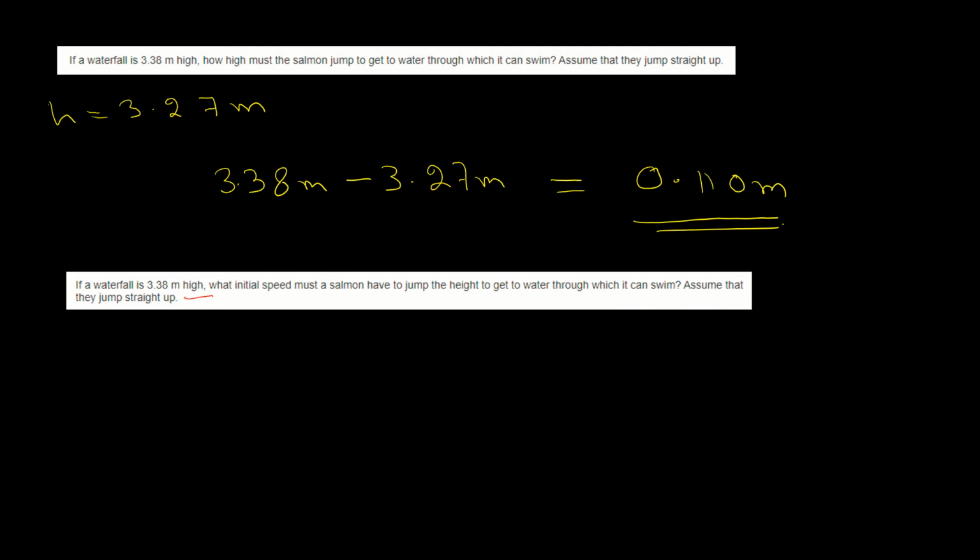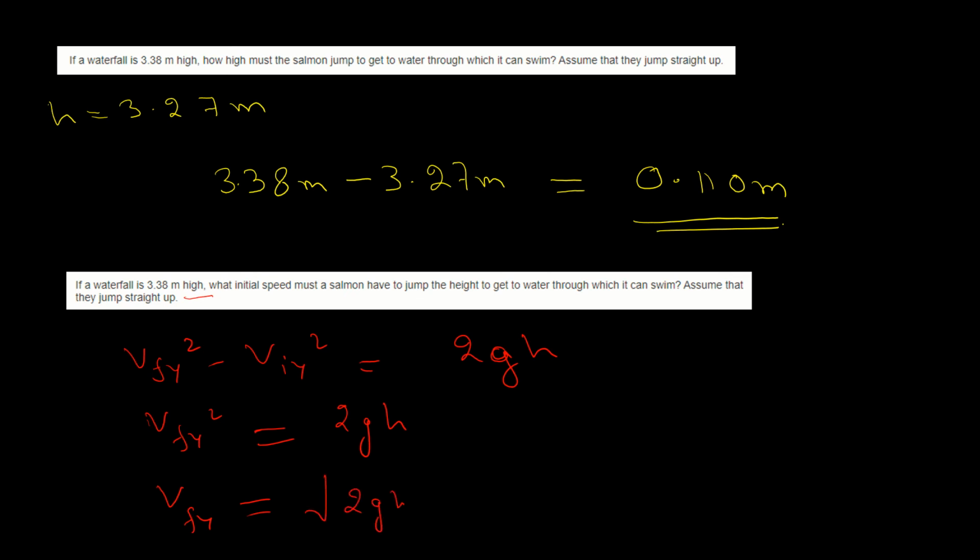So now again we are going to use our equation, v_fy squared minus v_iy squared equals 2g, or directly we can use 2gh. Now v_fy squared is 0, so this can directly be taken equal to 2gh, and v_iy is the square root of 2gh.